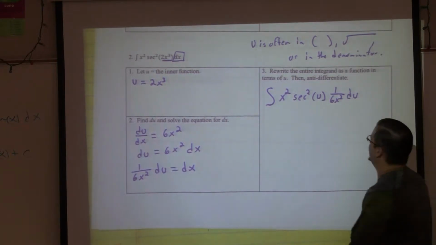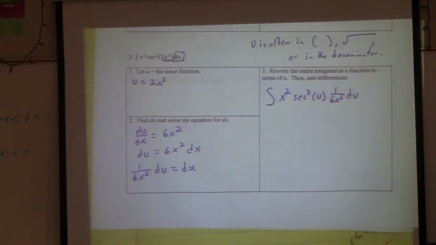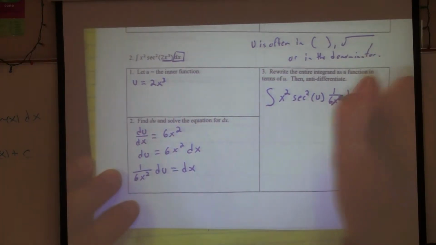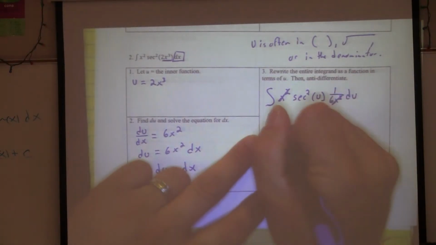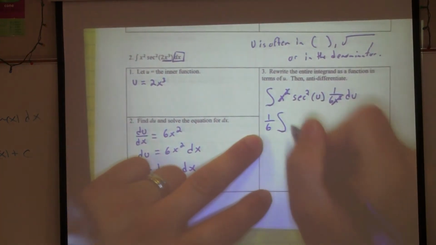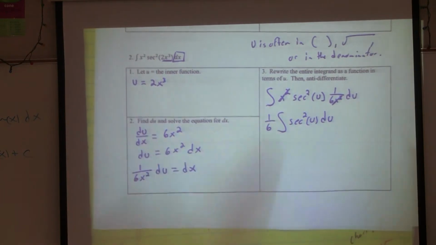Does something cancel out? Because I still have x's in this problem. Yes. I don't want to have x's. So those x squareds go away? Yes. Alright, so now we're good. Everything's with u, so we're happy. And you can move the 1/6 out. So we got 1/6 times the integral of secant squared u du.